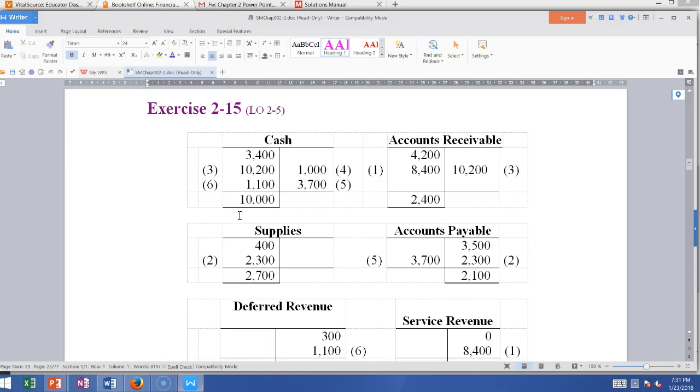Accounts payable, what should our balance be, guys? And would you put a negative sign before the 2,100? No. How would that be shown?